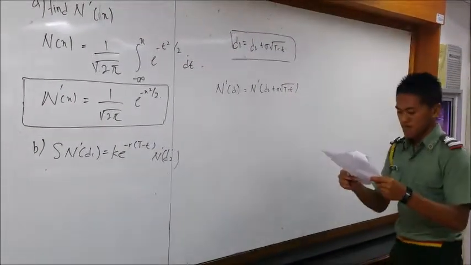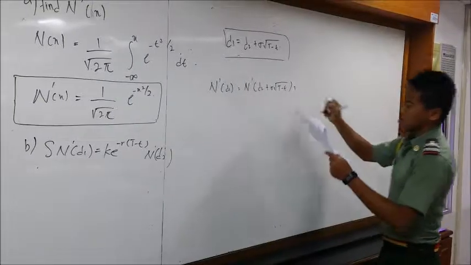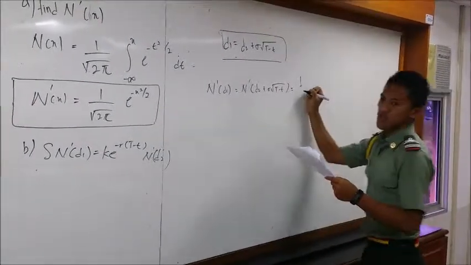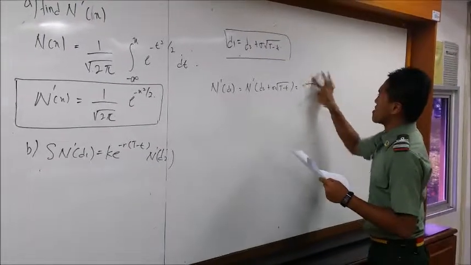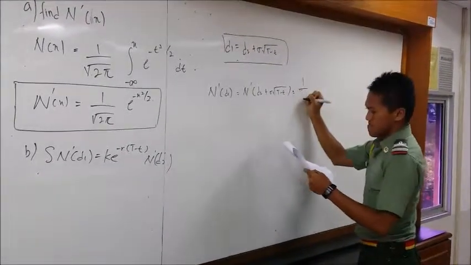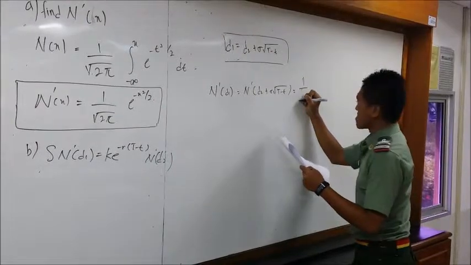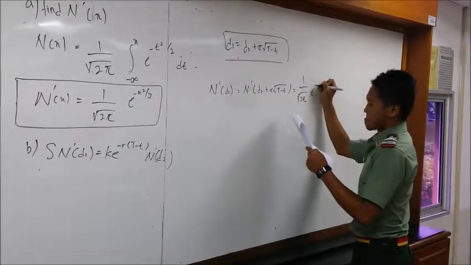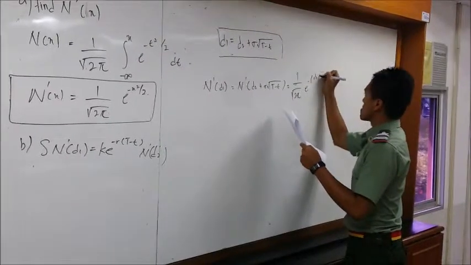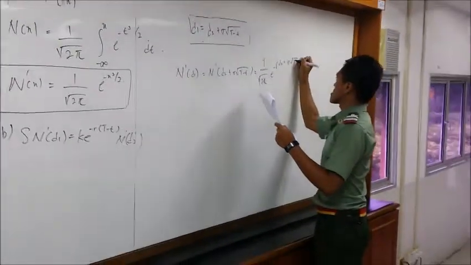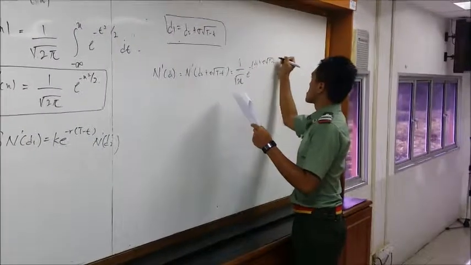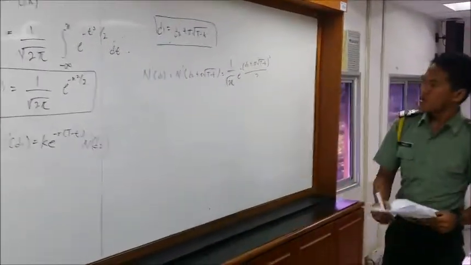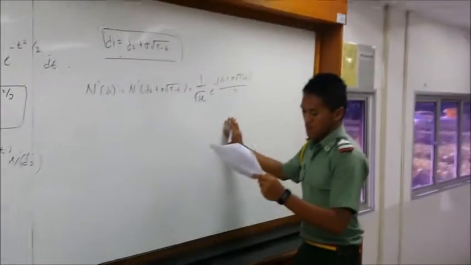N prime d1 equals, using this equation, 1 over square root 2 pi e to the power of minus (d2 plus sigma square root of (T minus t)) squared over 2.